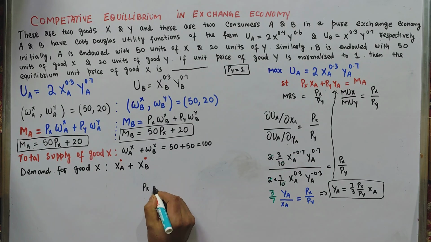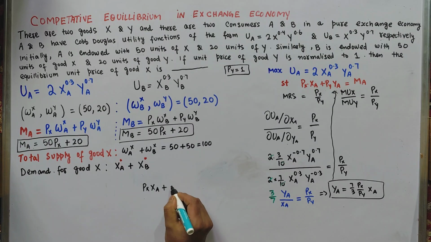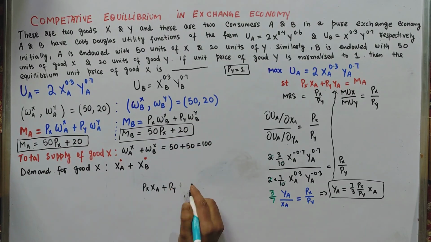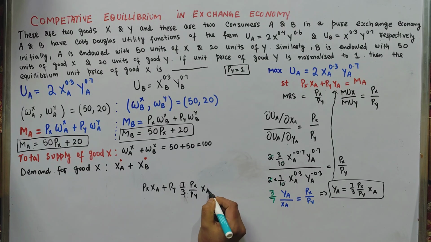So we have price of x times units of x_A plus price of y times y. In place of y_A, we write this, that is 7 upon 3 price of x upon price of y times x_A, and it should be equal to the income of the consumer A.